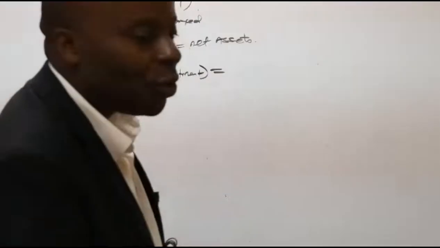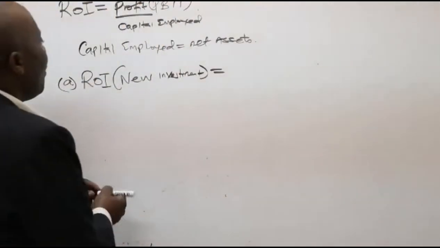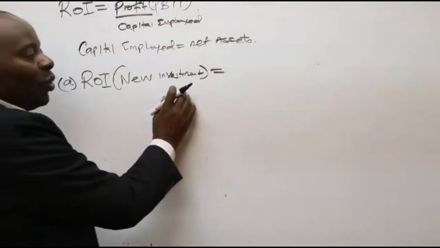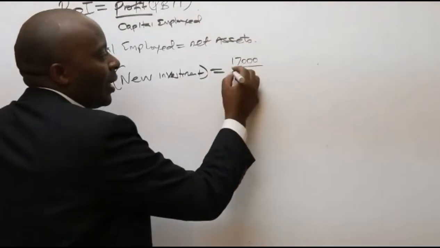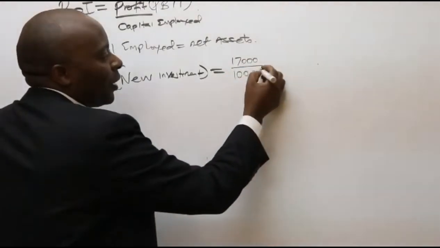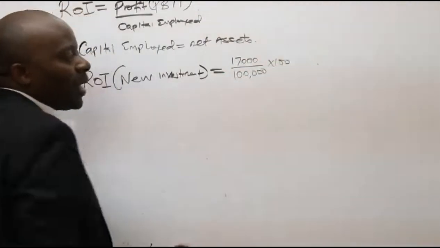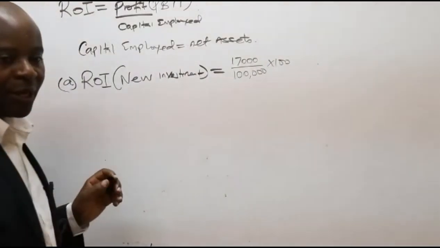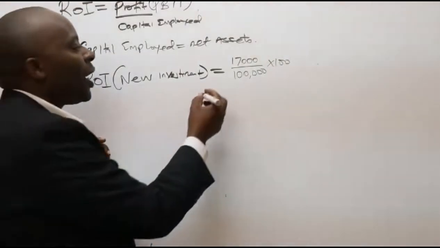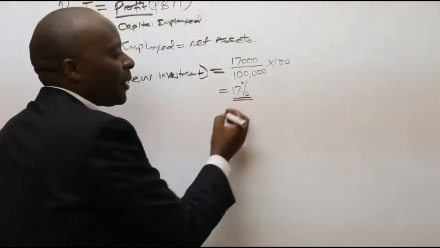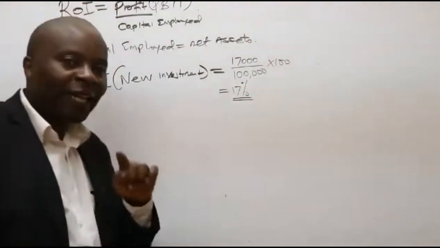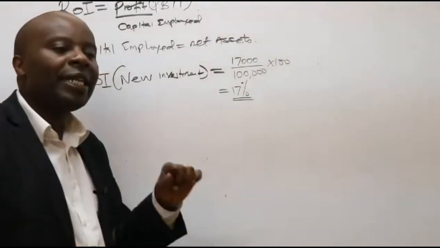So if I were you, I would have calculated ROI of this new investment alone, which will be 17,000 divided by 100,000 times 100. This exactly will be equal to what here, somebody? 17%. They want us to appraise the new investment independently.